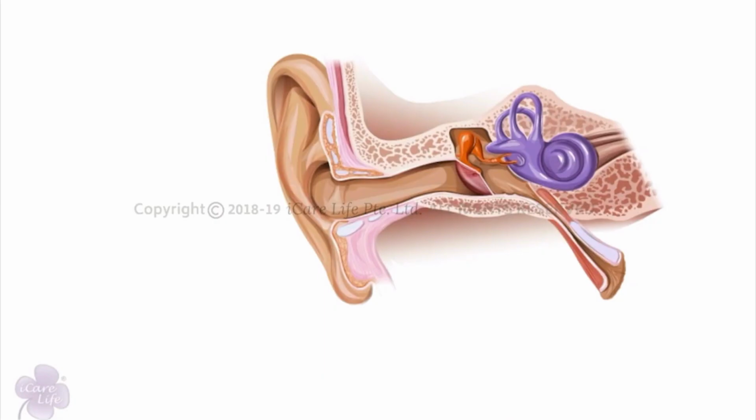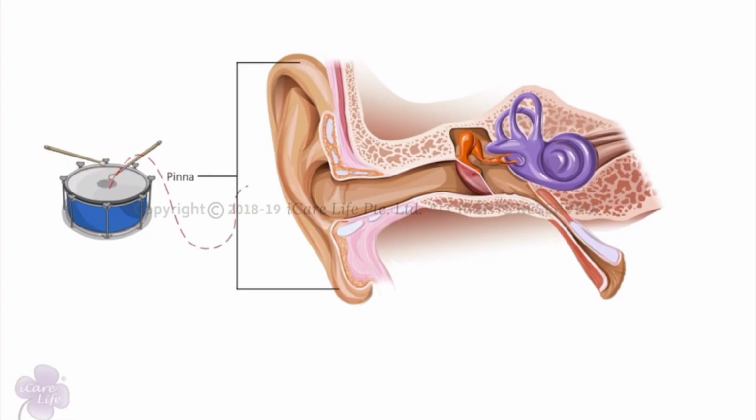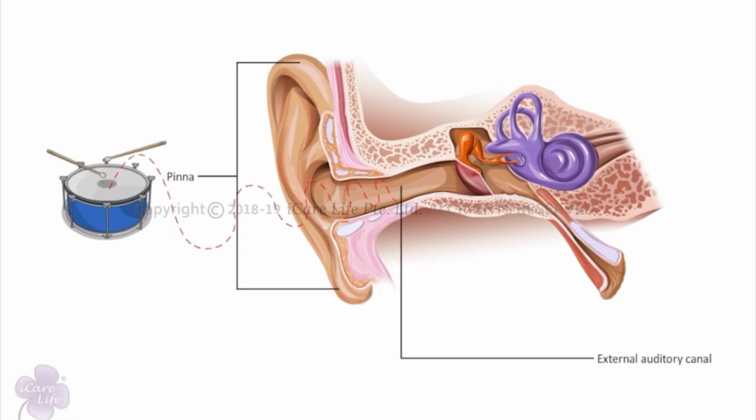Now, let us understand how we hear. Sound travels in the form of sound waves. These sound waves are received by pinna and directed to the external auditory canal.